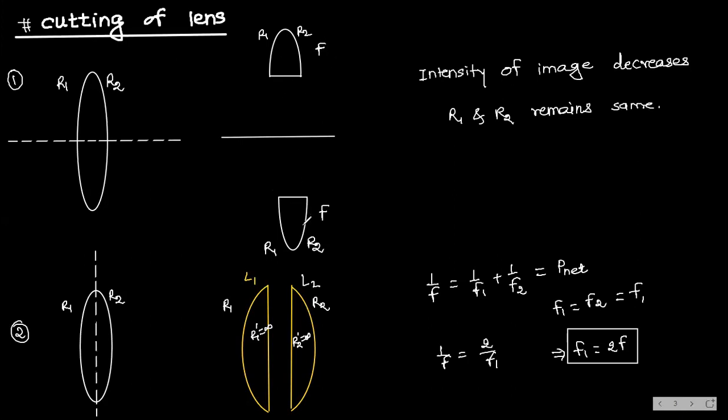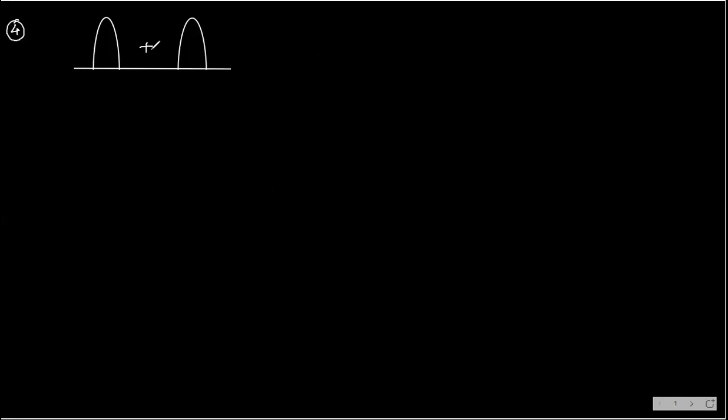And for each part the focal length is going to remain the same, F. So same case now, if I am keeping those two parts side by side, definitely for this the focal length is F, for this the focal length is F. Why? Because this is R1, this is R2, and here also this is R1 and this is R2. So the radius of curvature is not changing, the material is not changing. Why would the focal length change? So the focal length is going to be the same.